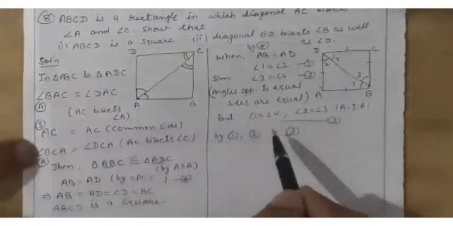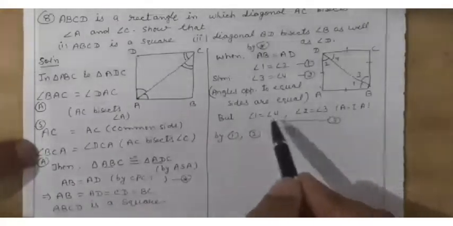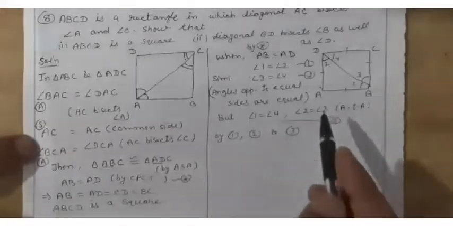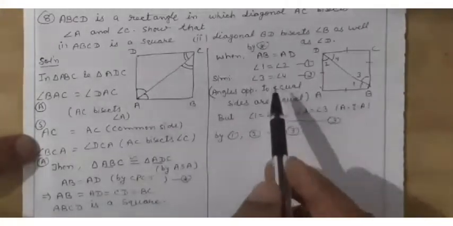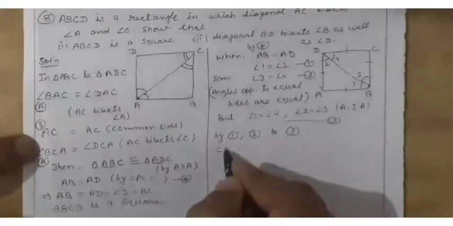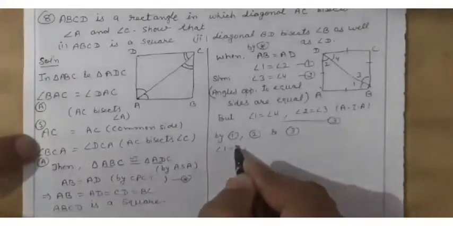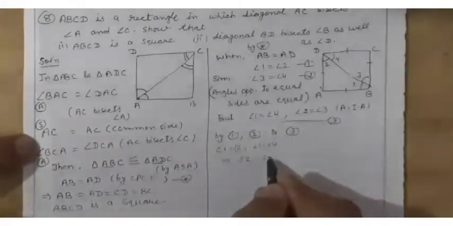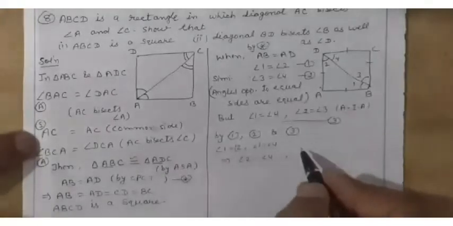So we got it here by 1, 2, and this is equation 1, 2 and 3. Angle 1 is equal to angle 2 and angle 1 is equal to angle 4. What is the meaning? Angle 2 will be equal to angle 4.